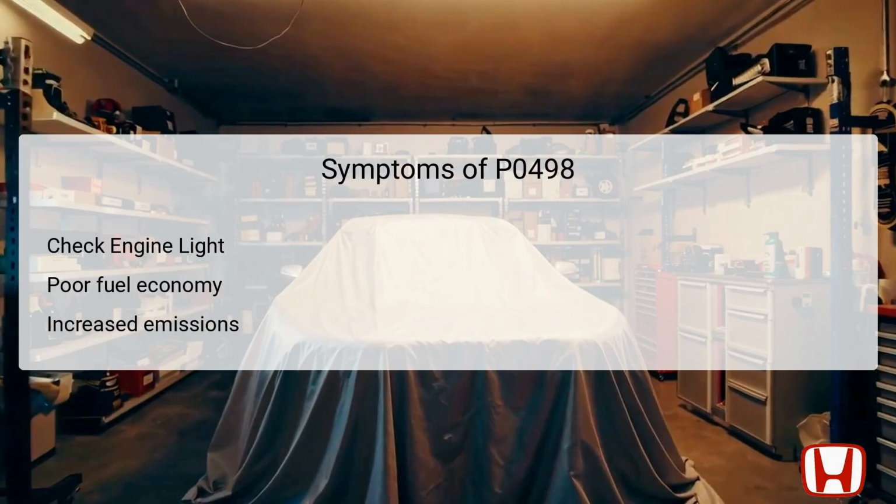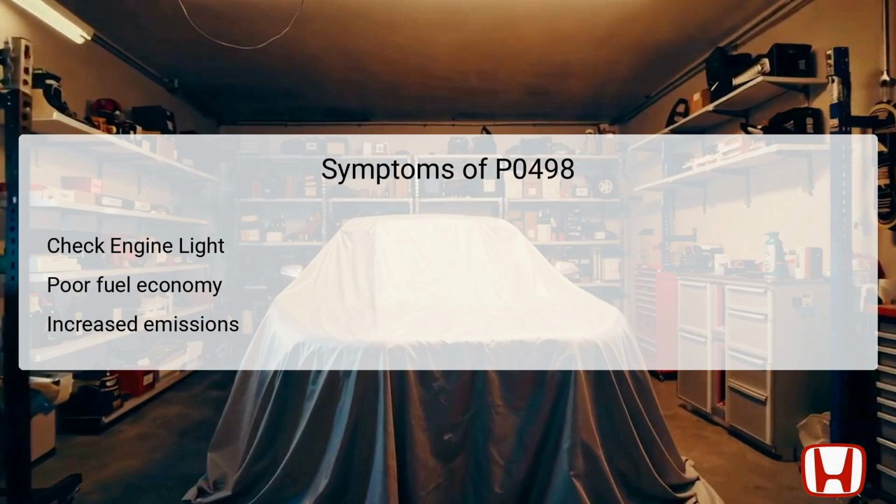When experiencing DTC P0498, several symptoms may present, alerting the driver to underlying issues. The most noticeable sign is the illumination of the check engine light, signaling that a diagnostic issue has been detected. Drivers may also encounter poor fuel economy, as the fuel system's efficiency is compromised by improper vapor management.